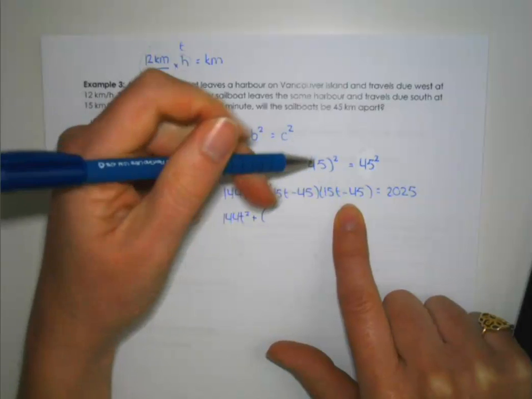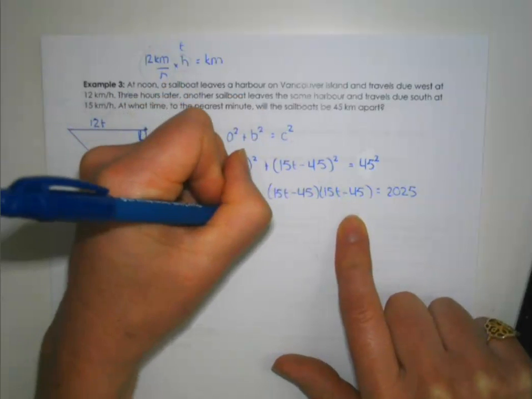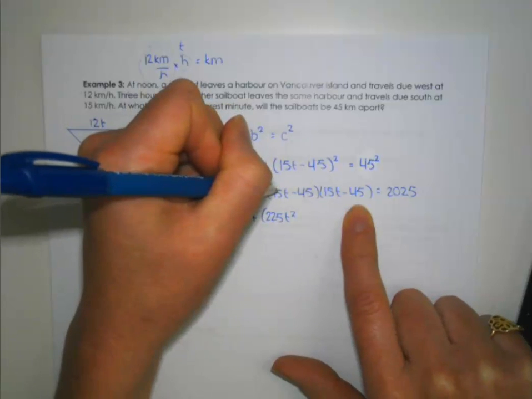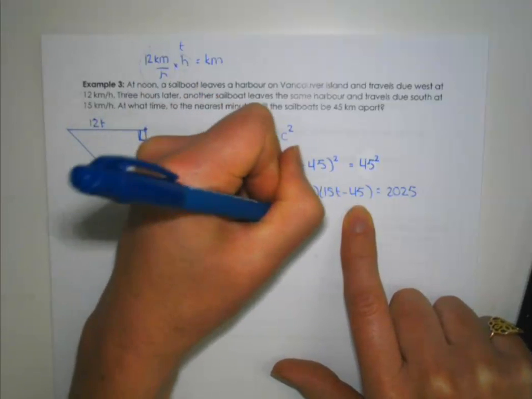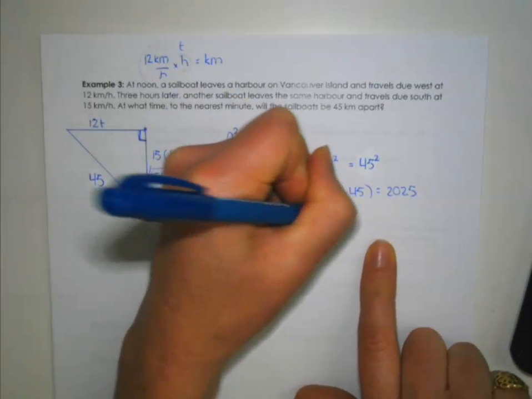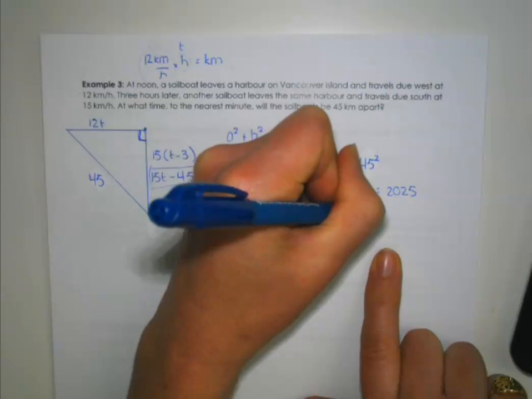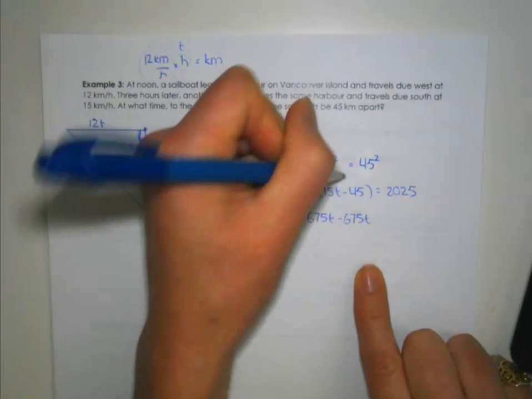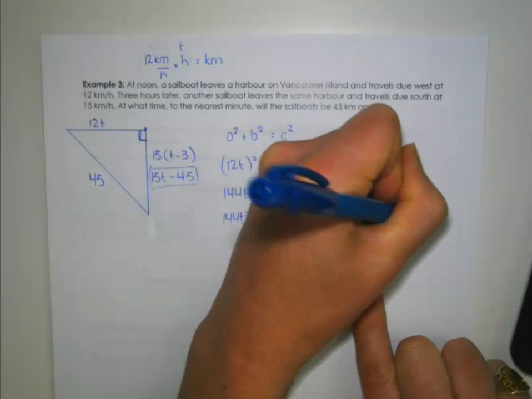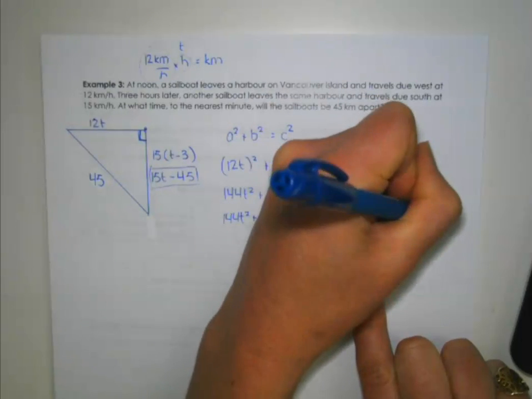So 15t times 15t gives me 225t squared. 15t times negative 45 gives me negative 675t. And I have the same thing here, so minus 675t again. And then negative 45 times negative 45 gives me positive 2025. And that whole thing is equal to 2025.